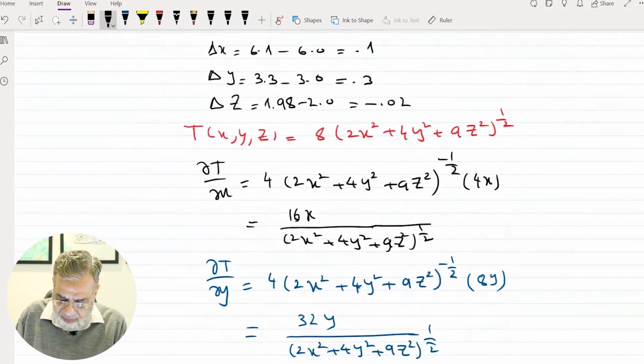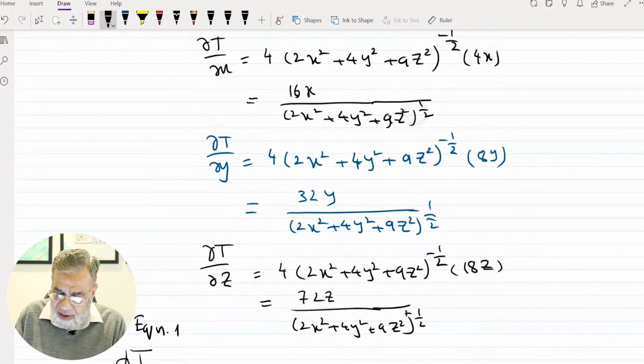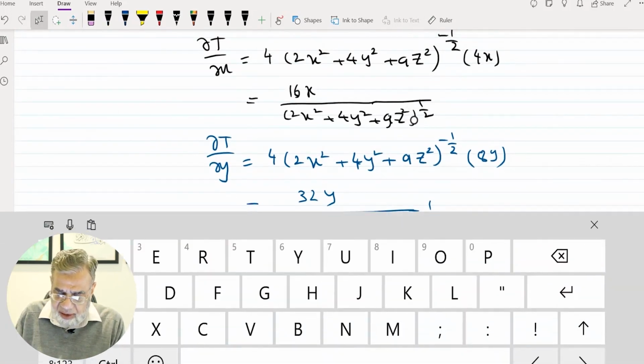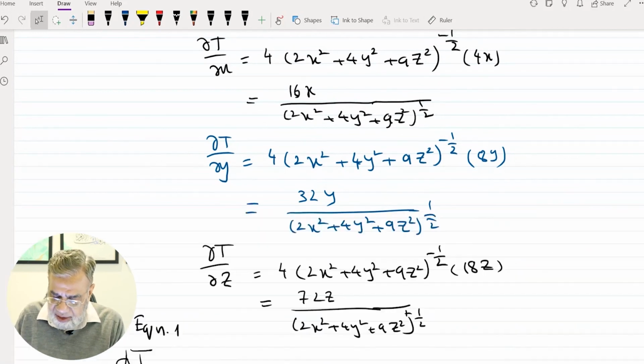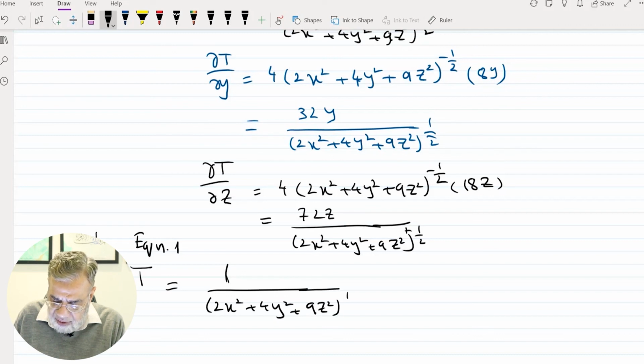In equation 1, we substitute here, and we have dT is equal to partial T, and you can find this one is common. So I can simply take this one out, don't write it many times, and we can write this 1 over (2x squared plus 4y squared plus 9z squared) to the power 1 by 2.